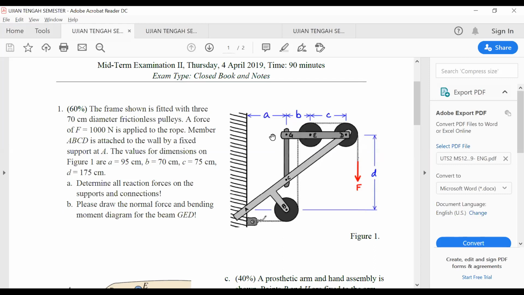Then after you solve it, you will be able to solve for the normal force and bending moment diagram.